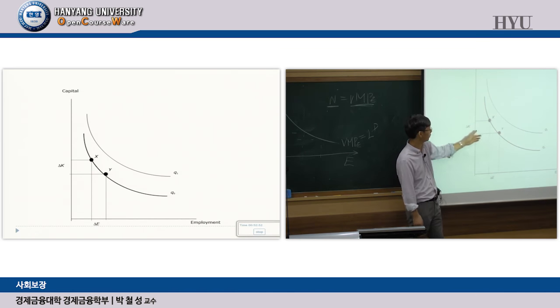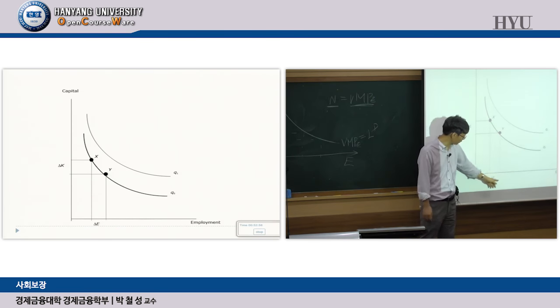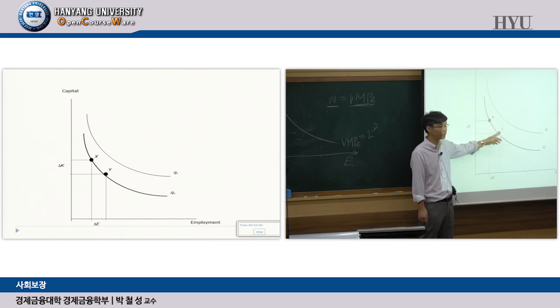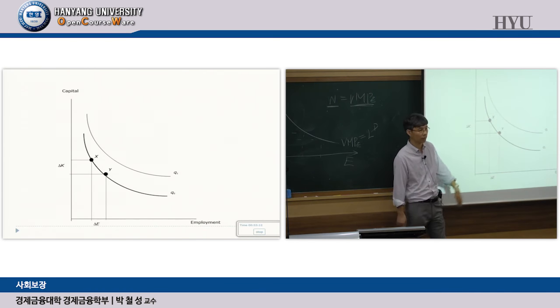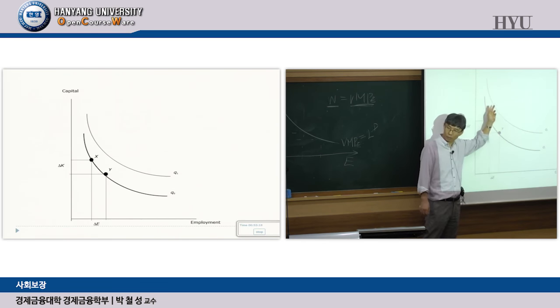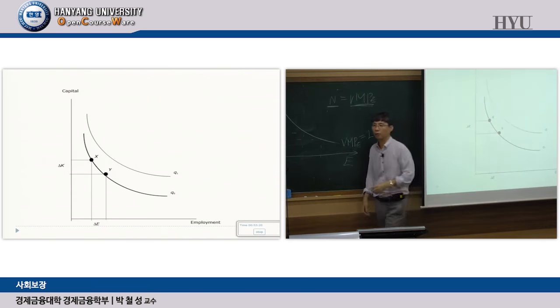For example, if they reduce the capital by delta K, and then increase labor input by delta L, then you get the same output. Then X and Y give you the same output. Then we can say that X and Y are on the same isoquant curve. So you can map out all the points that give you the same output. Then we call it the isoquant curve.